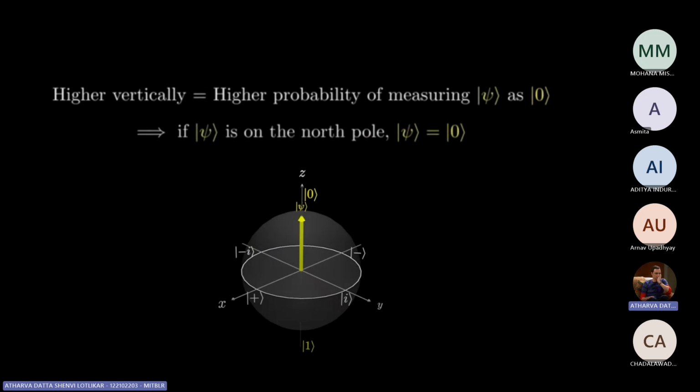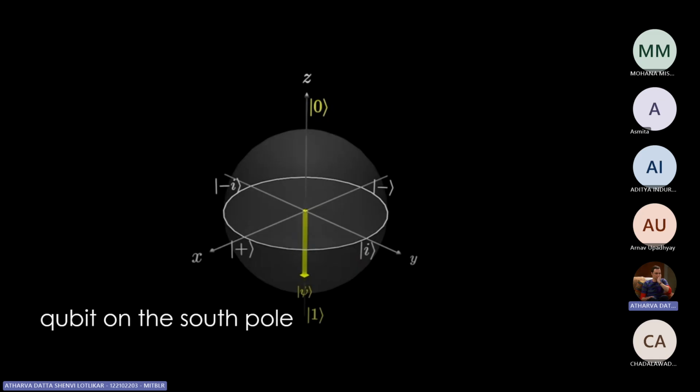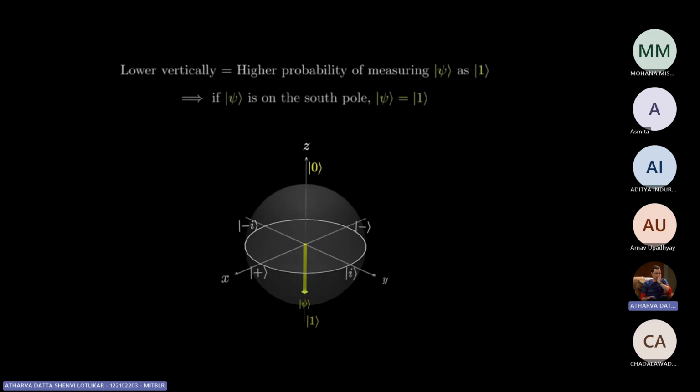So that qubit is basically the ket vector 0. If you're on the tip of the sphere, that's the North Pole, it's 0. Similarly, if you're at the South Pole of the sphere, that means your ket vector is 1. So that means the qubit is 1.